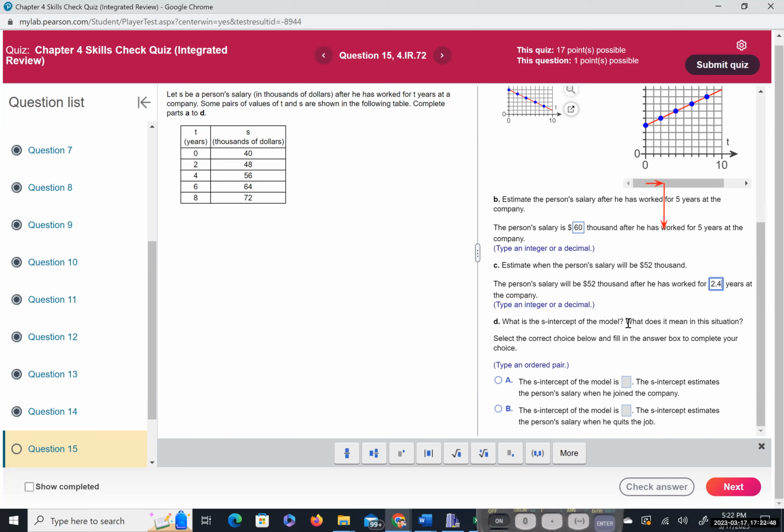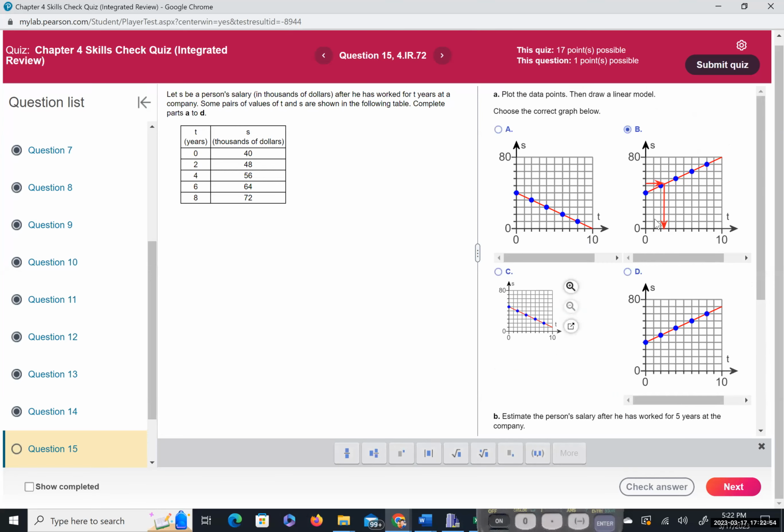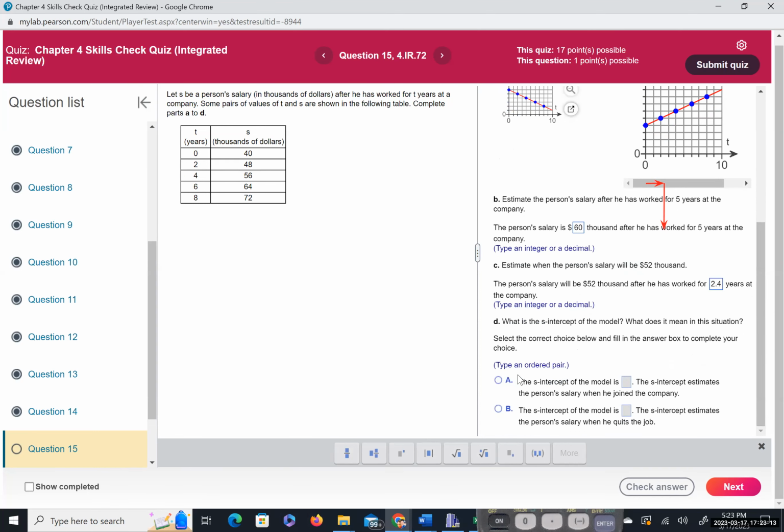And what does the S intercept of the model mean in this situation? S is salary. The intercept is going to be this point. So at 0 years, what's your salary? Like an entry salary, right? So the S intercept estimates the person's salary when he joined the company.